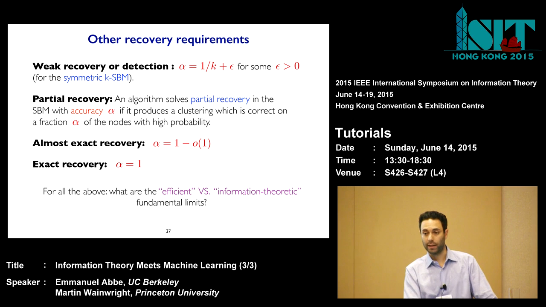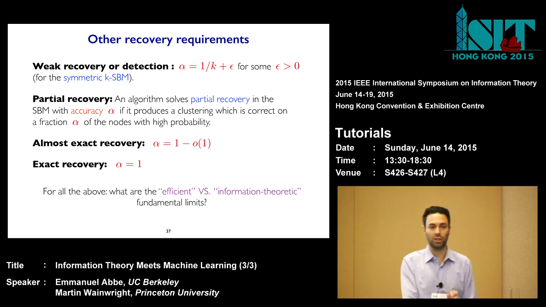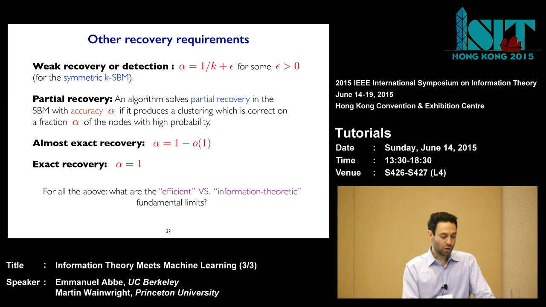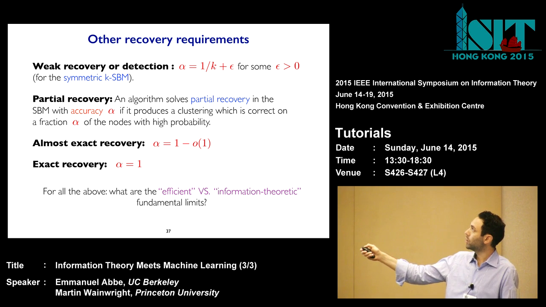You want everybody correct. Block error probability goes to 0. Now I'm introducing what I call here almost exact recovery, which the statisticians call strong consistency. There you're asking for 1 minus little o of 1, so in the limit, the fraction of nodes which is wrong is vanishing. And then you have the weaker recovery requirement, which is detection, where you just want to beat the random guess.